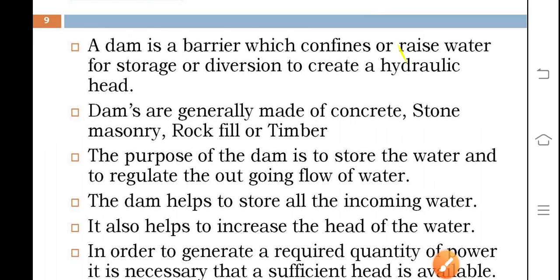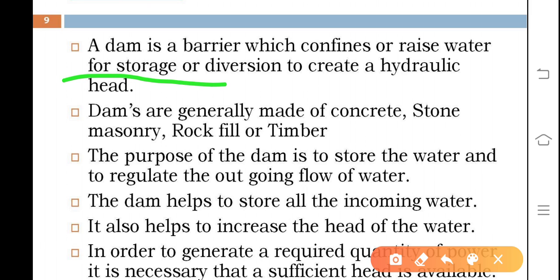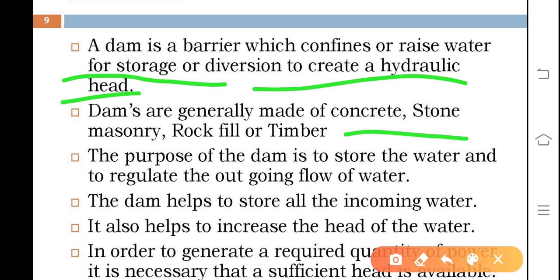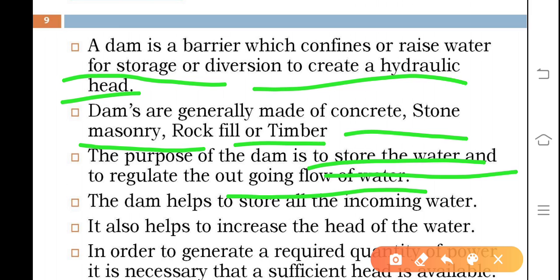Dam. A dam is a barrier which confines or raises water for storage or diversion to create a hydraulic head. Dams are generally made of concrete, stone, masonry, rock fill or timber. The purpose of the dam is to store the water. That is the basic function, to regulate the outgoing flow of water.